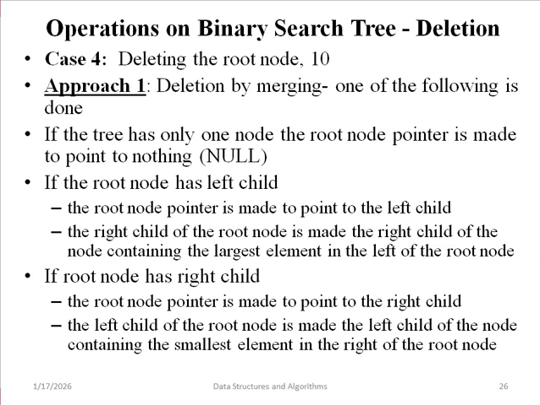If the root node has a left child, the root node pointer is made to point to the left child, and the right child of the root node is made the right child of the node containing the largest element in the left of the root node.